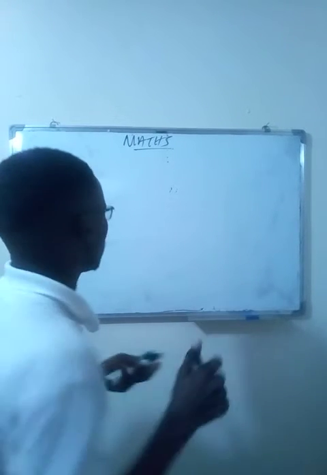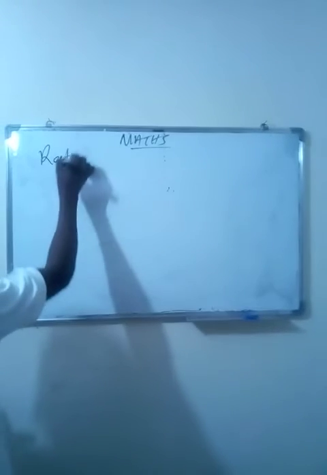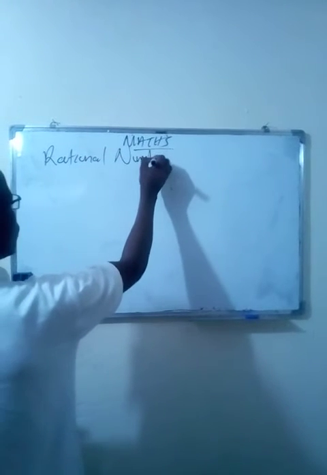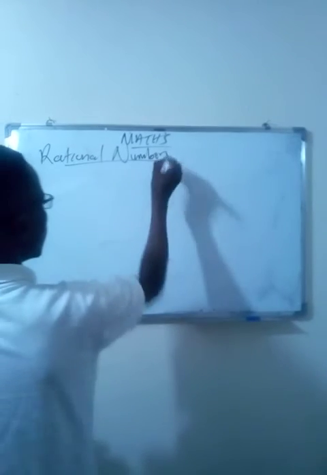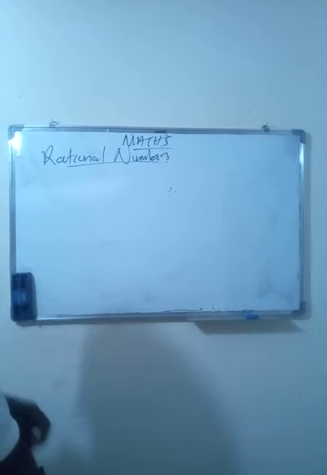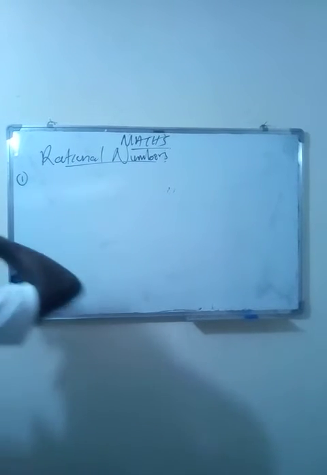Now we want to look at the set of rational numbers. By definition, I think we already started looking at this. How do we define rational numbers?